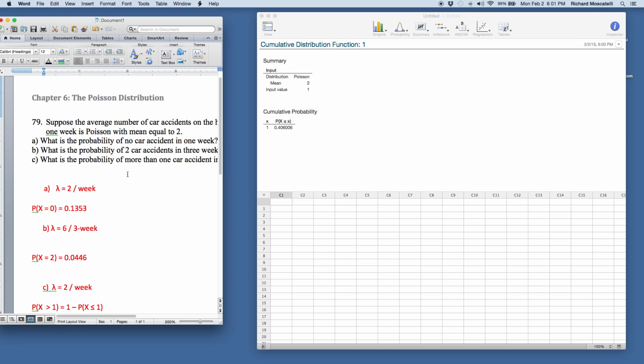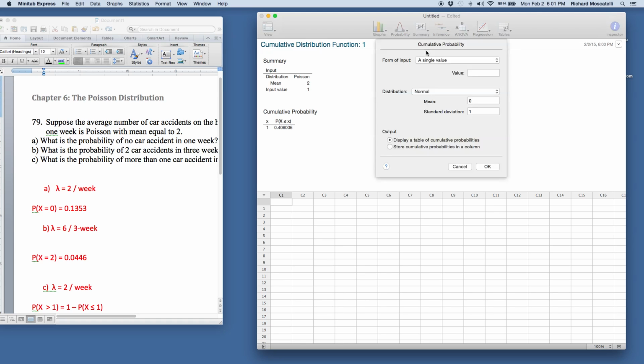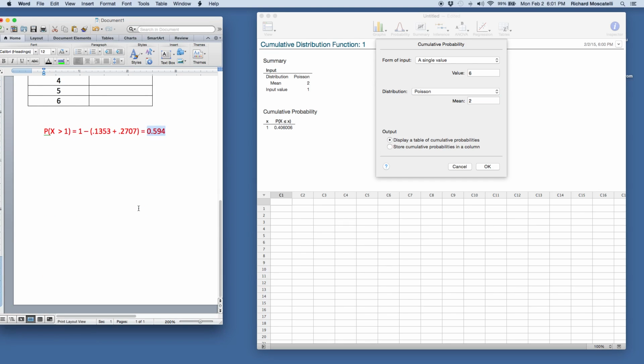I think you should see this. What if I was to do the cumulative distribution function, and say I give it a 6, and say Poisson with a mean of 2. Now, of course, the question over here doesn't ask us to do that, but I think you should see this. Over here, I created this table.